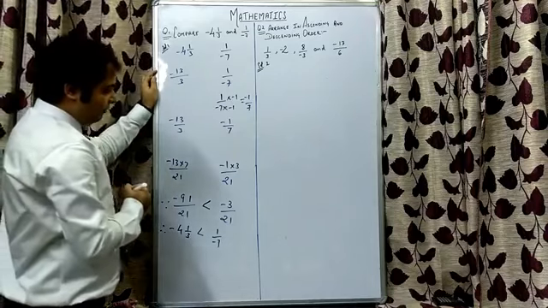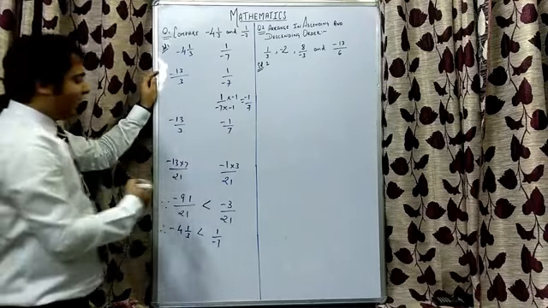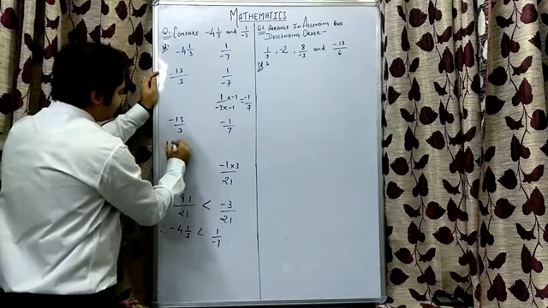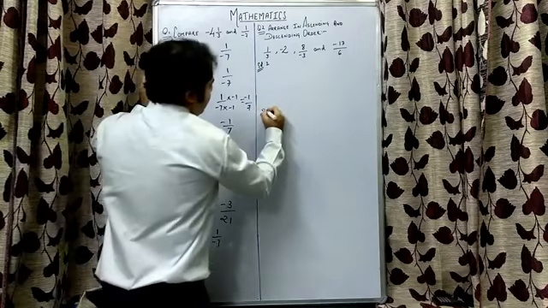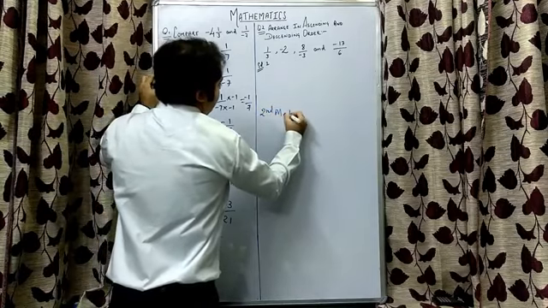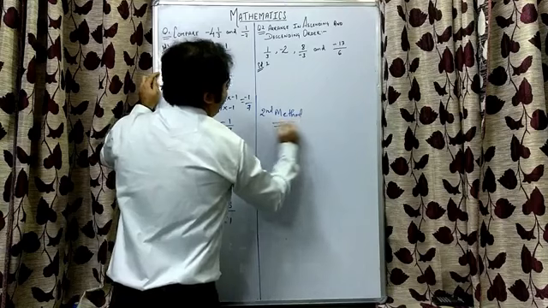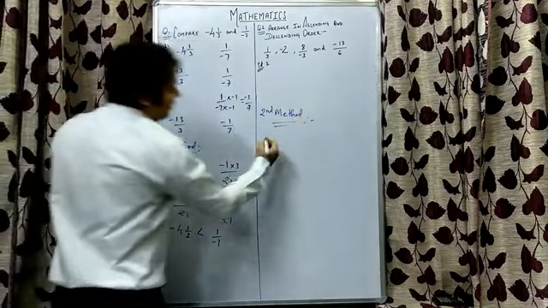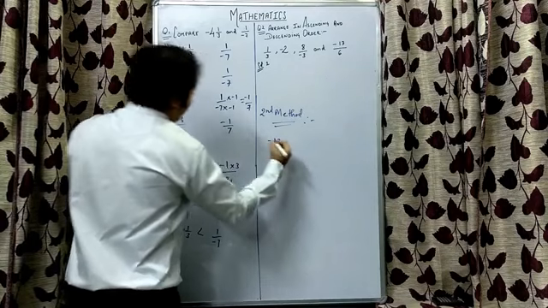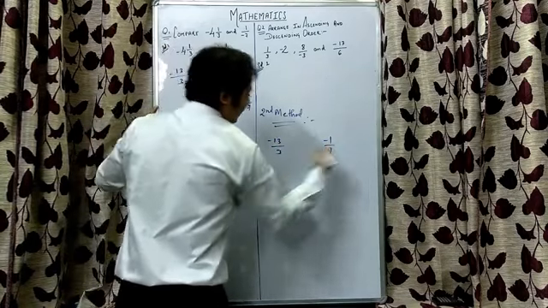This is one method, by taking out the LCM and doing it, right? One more method is there, that is the cross multiplication method. In this, first we need to convert them into standard form. So -13/3 and -1/7.